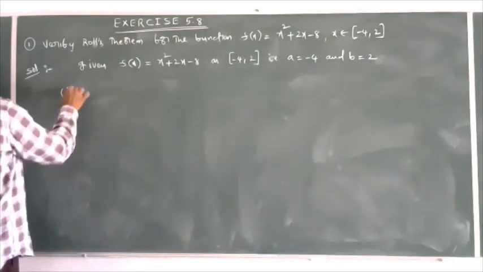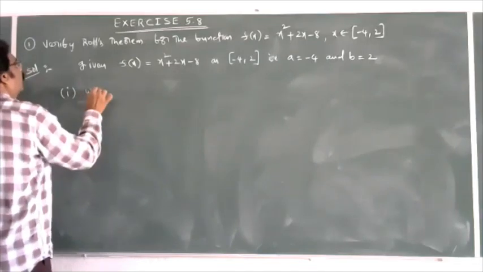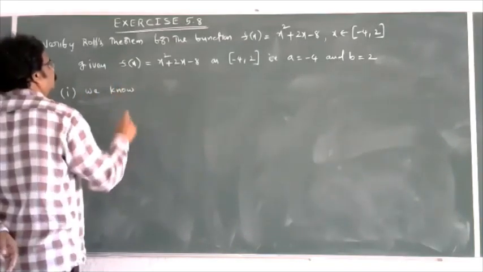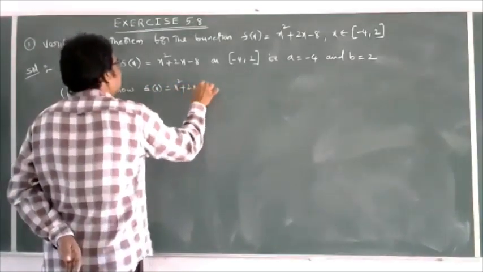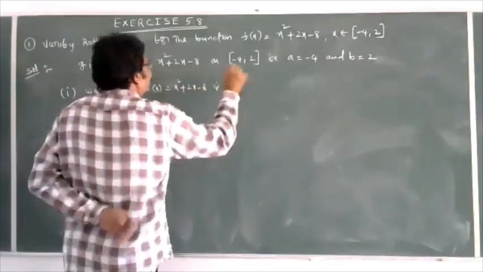Right, first point. We know f of x is equal to x square plus 2x minus 8 is a polynomial function.